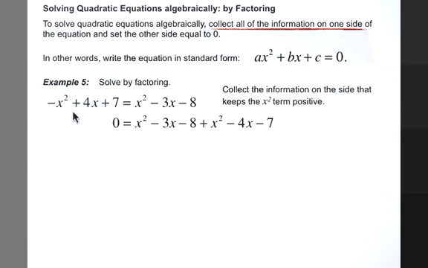So we'll collect everything on the right hand side. So 0 equals x squared minus 3x minus 8 plus x squared, minus 4x, and minus 7. So 0 equals 2x squared minus 7x minus 15.